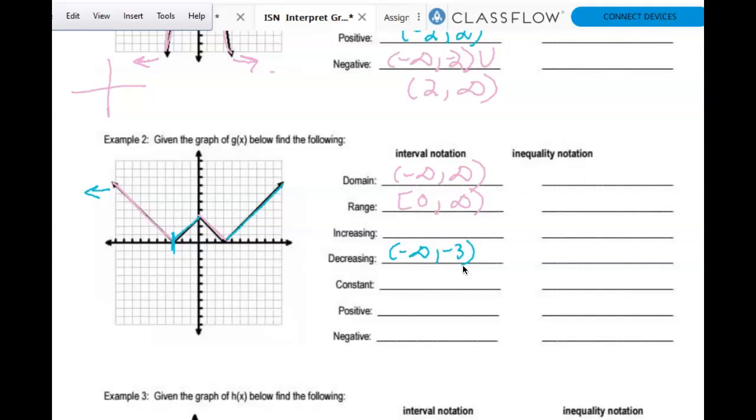What is the x value here? 0. So that increase is -3 to 0. And then what happens in this little piece? It goes from 0 to 3. Let's go small first to the bigger number. So 0 to 3, and then 3 to infinity.